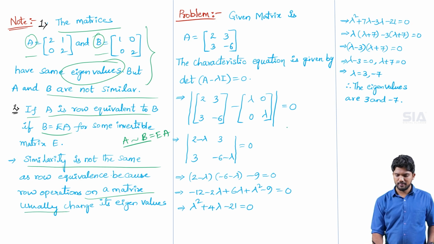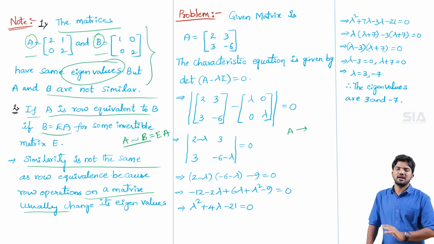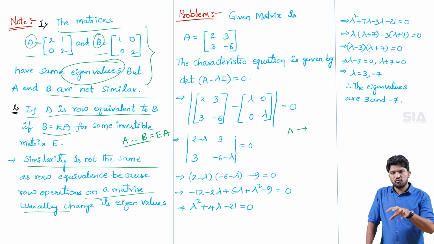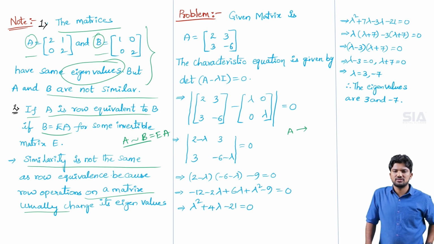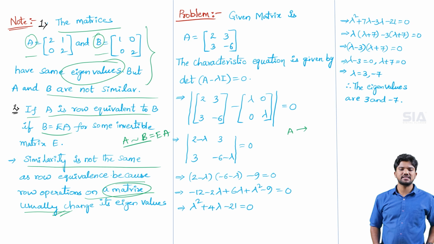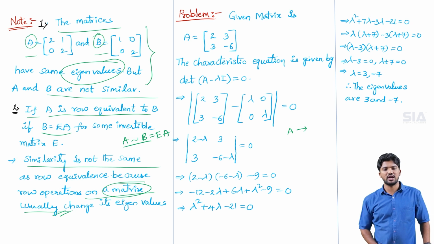For example, if you take a matrix capital A, to get the echelon form we can gradually apply the row operations. After applying that, you will get one echelon form of that matrix. For that echelon form matrix, you will get different eigenvalues. That is, the row operations on a matrix usually change its eigenvalues. That is, similarity is not the same as row equivalence.